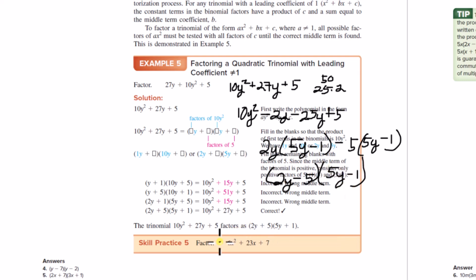Wait, I'm sorry. I don't know why I put these minuses. This is plus, all plus, right? We don't have minus 27y. And so 2y plus 5, 5y plus 1. That's how you factor a quadratic trinomial where the leading coefficient is not 1.